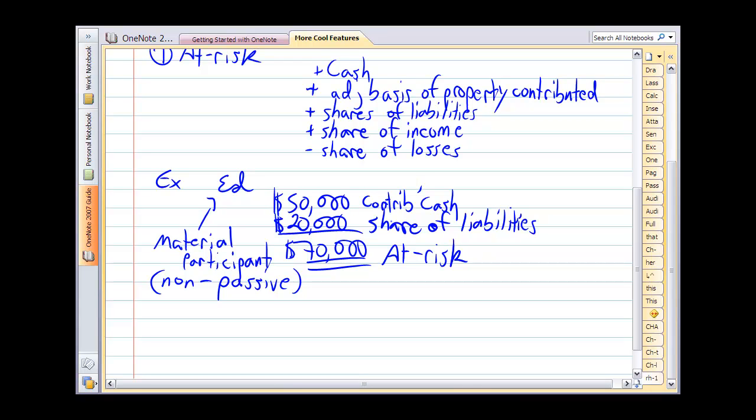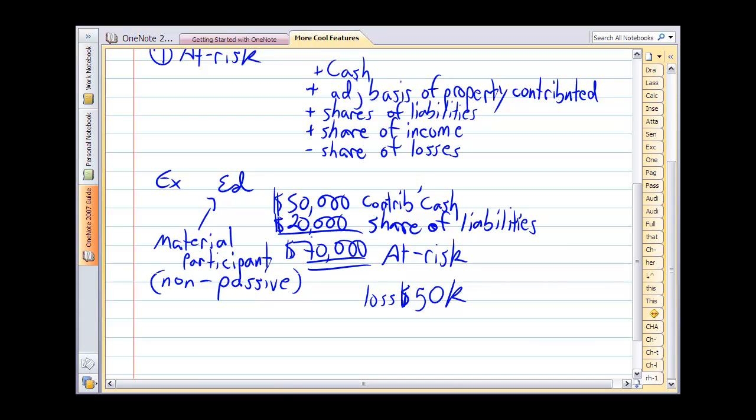Now let's talk about taking a loss on that. So let's say that there's a loss of $50,000. If that happens, he can deduct that loss. Why can he do it? Well, we have two general limitations we're looking at, either at risk or passive. We don't have to worry about a passive limitation, so we just have to worry about the amount we have at risk.